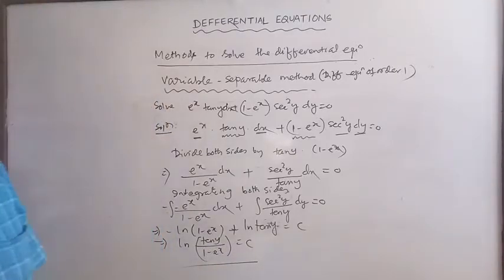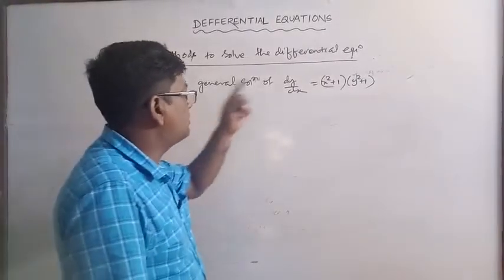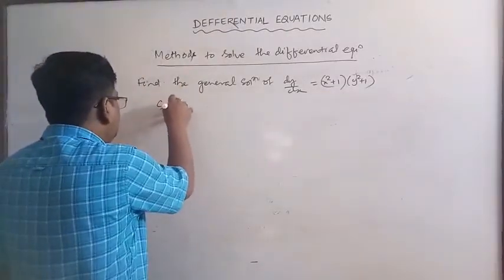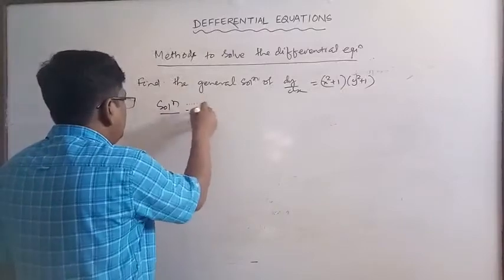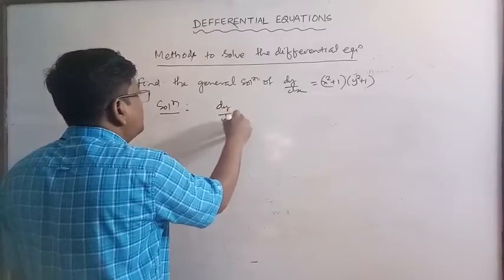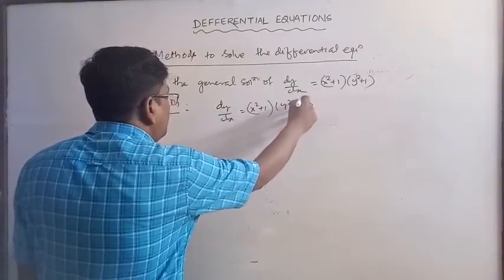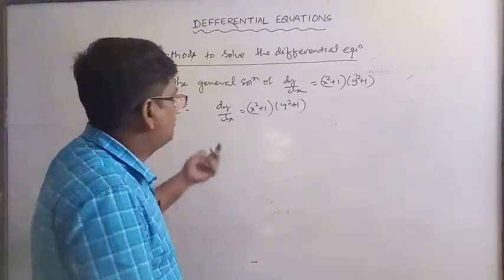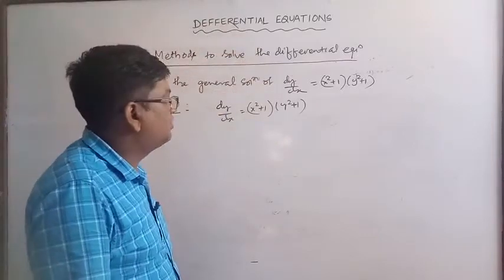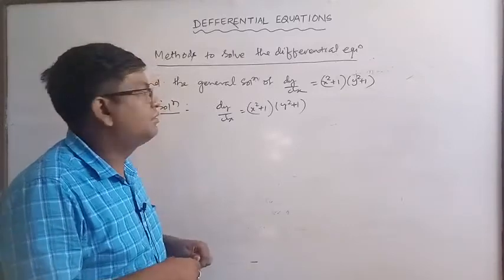Now another question. Find the general solution of dy by dx is equal to (x square plus 1) into (y square plus 1). Apply variable separation. All are first order differential equations. For a first order differential equation, we have to use the variable separable method.